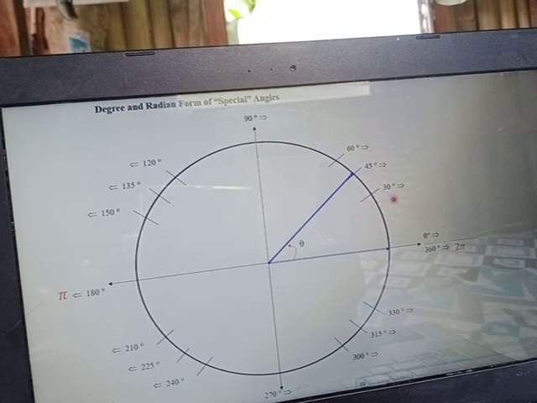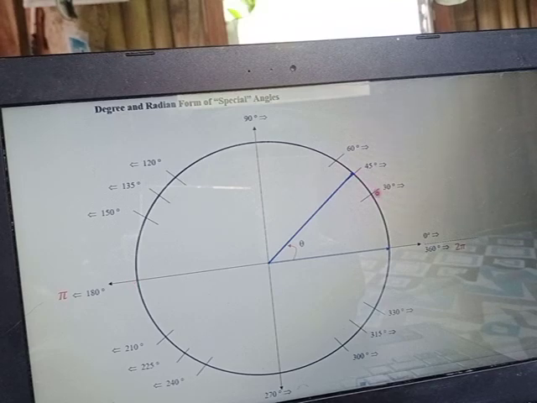So what is the equivalent of 30 degrees in radian if we will have to use the unit circle? We all know that halfway the circle is equivalent to 180 degrees, and it is equivalent to pi. So for this case, you will have to divide 180 by 30. How many 30 can you have in 180?